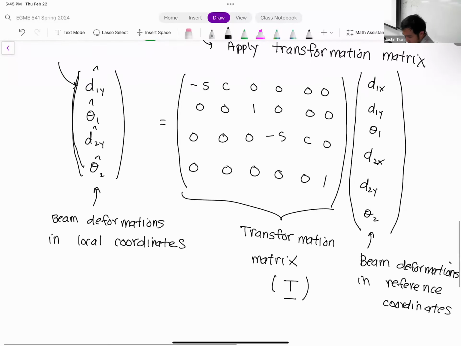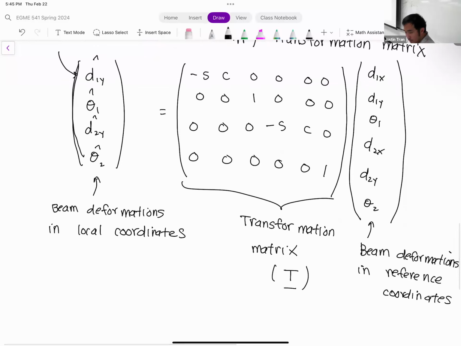Right. Okay. So now that we have this transformation matrix, we can pre-multiply it and post-multiply it by the beam element stiffness matrix.